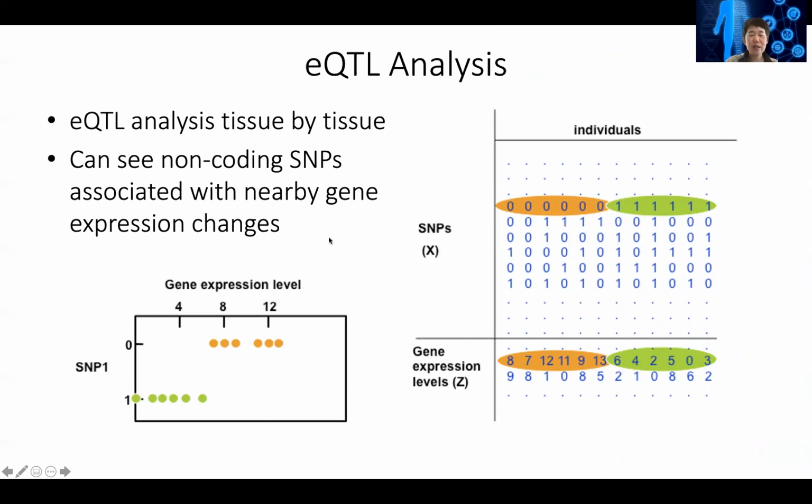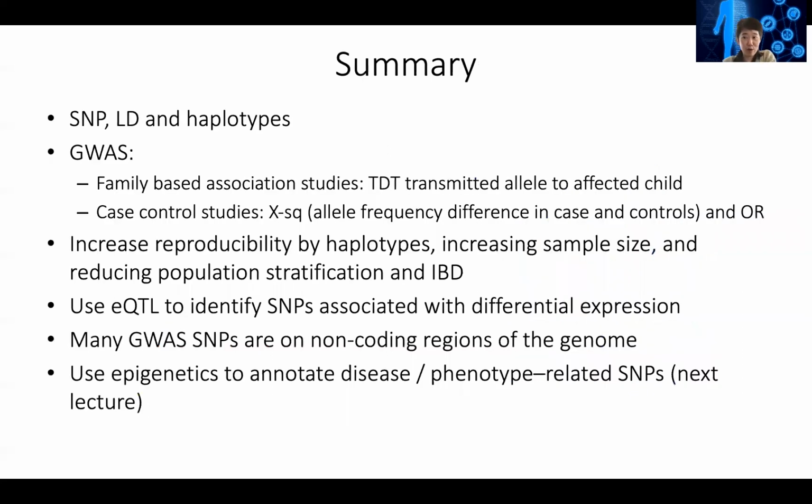And using this type of eQTL analysis, again, a lot of people find that there are SNPs in nearby regions that are linked to gene expression differences. And a lot of those are also in the ATAC or DNase peaks, which means that transcription factor binding in the distal regions might influence this gene expression and eventually influence the real phenotype or trait. Yeah, so that's kind of the summary.